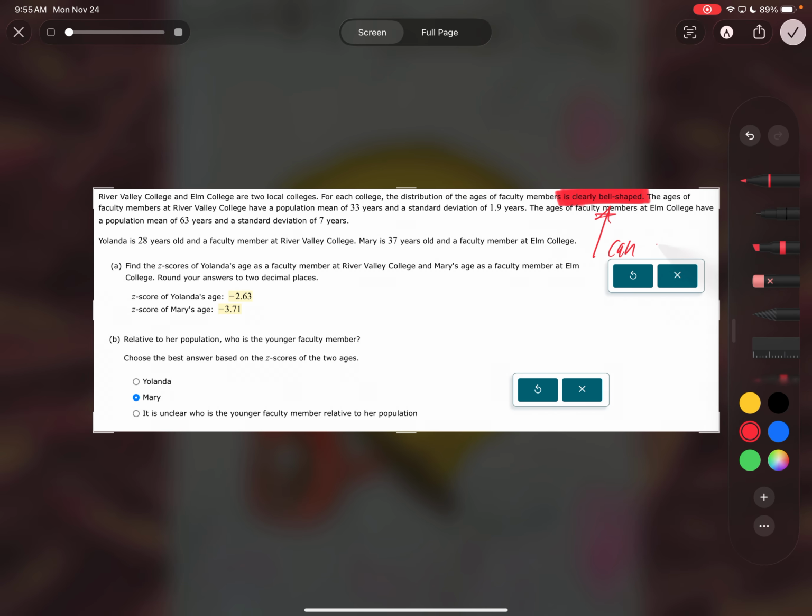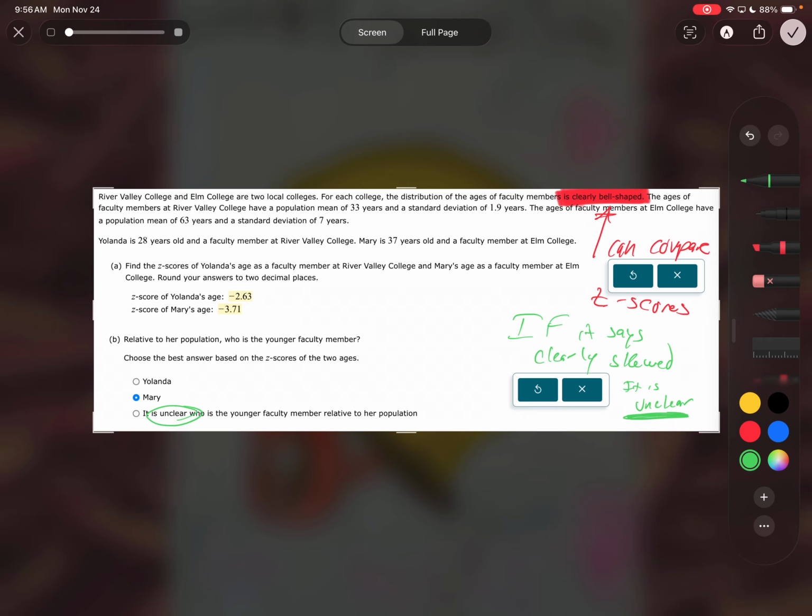So this means we can compare z-scores. Okay? So if it says clearly skewed, it would be unclear. So we'd use this as our answer right here.